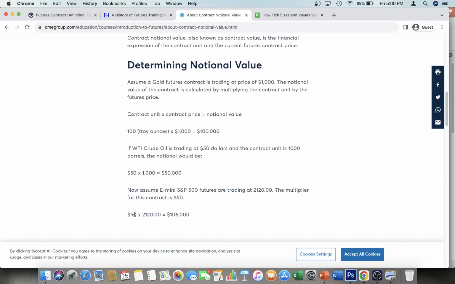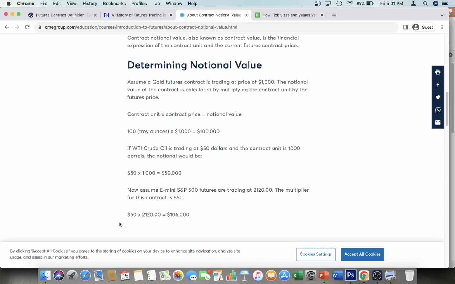Let's say you're worried something's going to happen, like COVID or whatever. You can go in the market and reduce that risk by selling futures contracts against your position. This is important to know, because when people are trading big size, they don't realize just how much value they're trading.